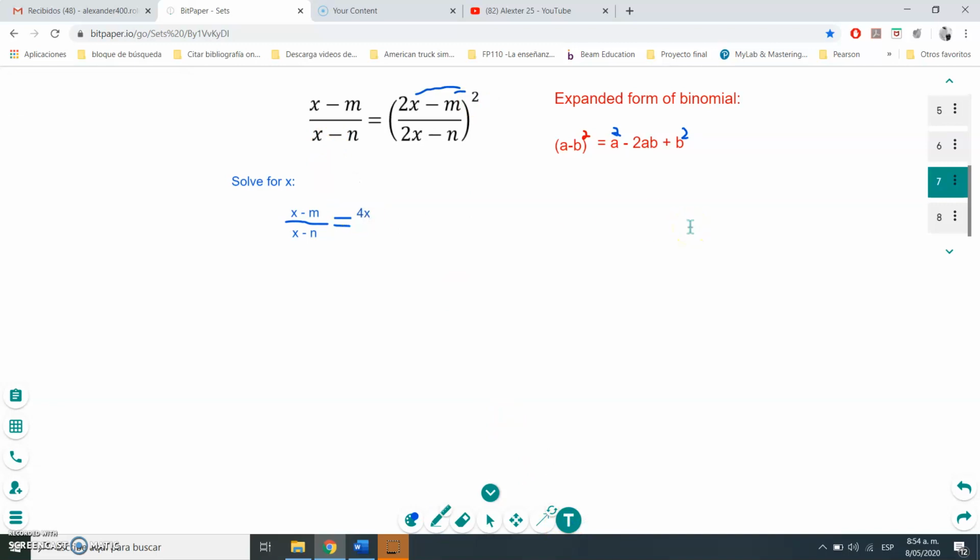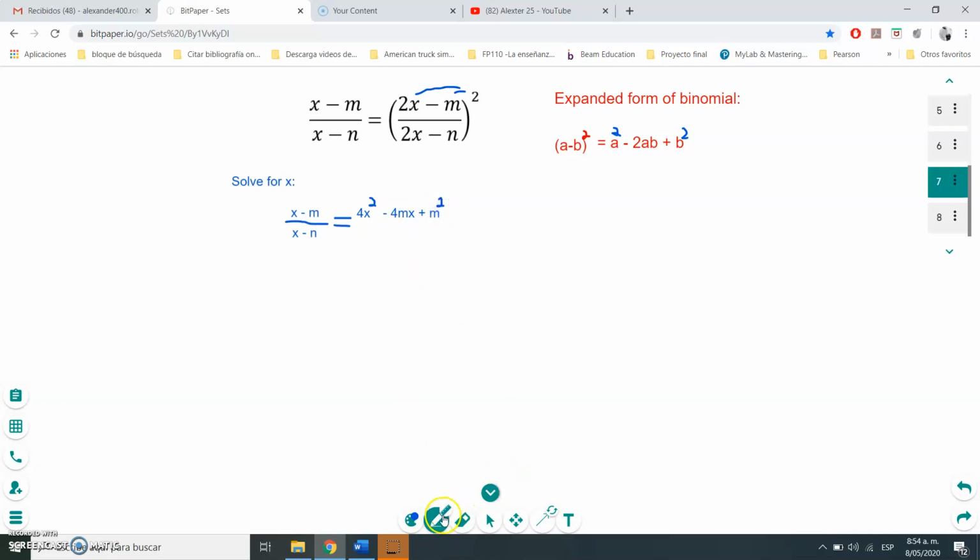Then we continue with minus 2 times ab, so minus 4x times m, which is minus 4mx. And then the next term will be plus m squared.